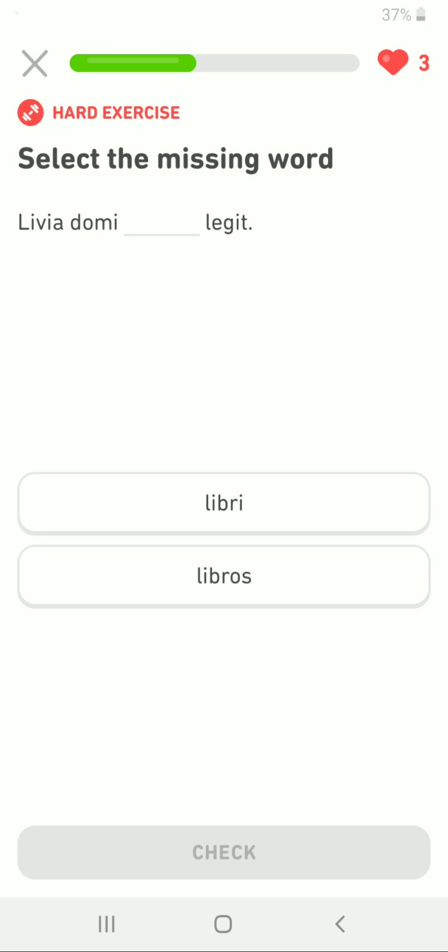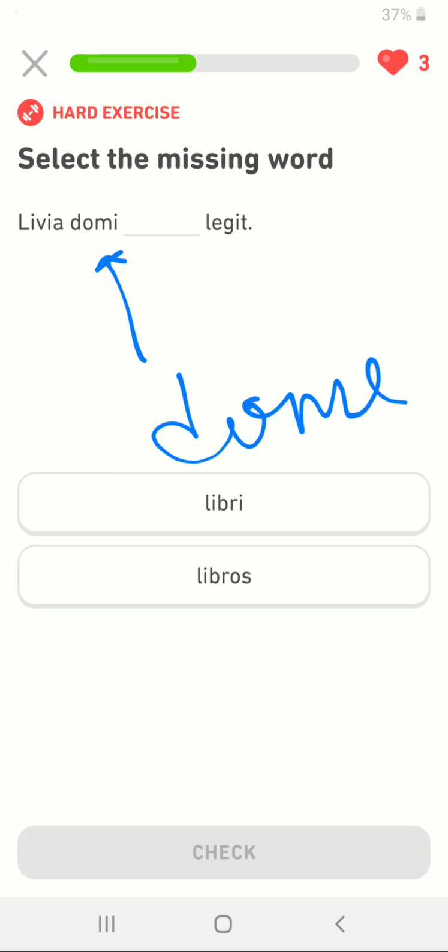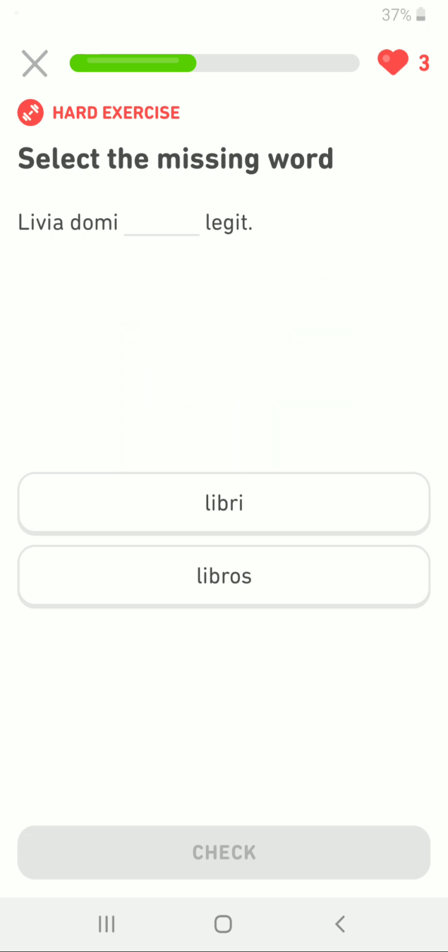Livia domi, which is at home. So domi, I think, or that would be the nominative. Domi legit. So she, this is a subject. This is the verb. This is just an attribute of location. So where, domi, giving us more information about Livia.